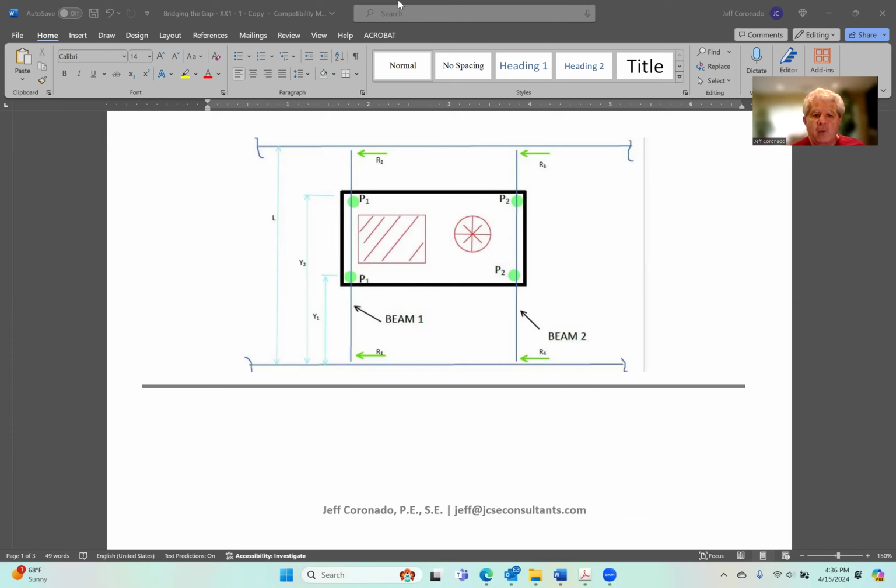But what if, when the builder gets out there and puts this unit on, they can put it on like this, or they can rotate it 180 degrees. Either way, the unit ends up with its longitudinal axis going horizontally.